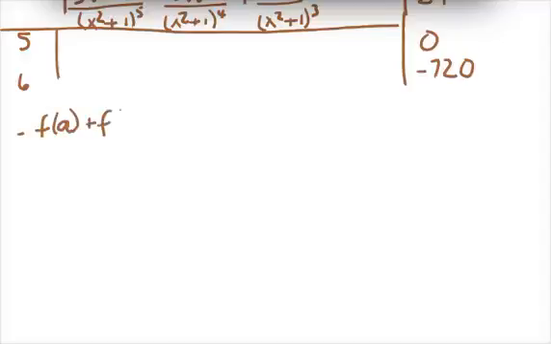I don't remember what your Maclaurin is. Actually, it's f of 0. F of 0, f prime of 0. So you're going to use the table to help you fill in the terms here.